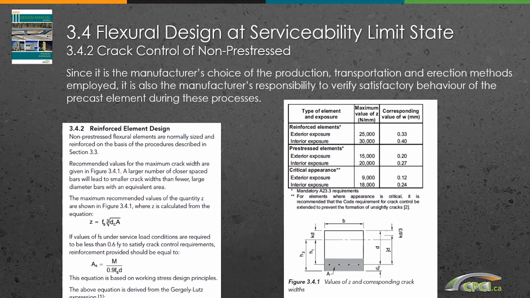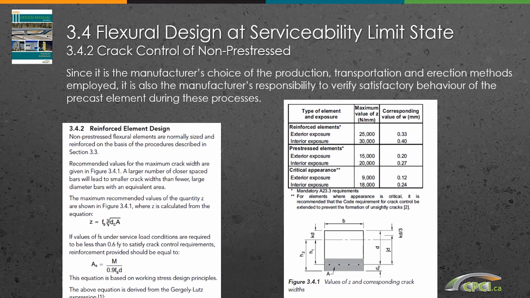Are they critical in appearance, like in architectural precast, or interior exposure or exterior exposure, exposed to the weather and the elements? So for each and every function and exposure type, there is a certain value for Z defined by the codes, and for that there is a certain value for the width of crack defined as well.